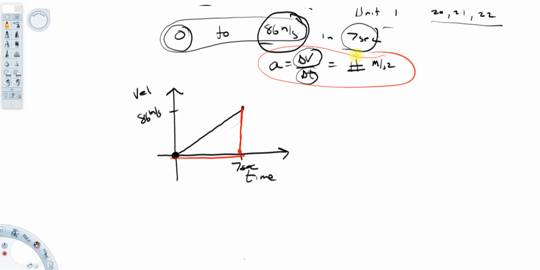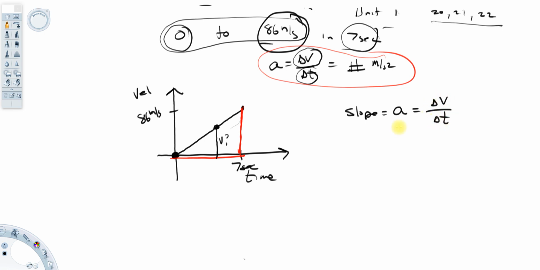For part B, how fast is it going after 4 seconds? So at 4 seconds on the graph, we're like here somewhere, and they're asking for what would this distance be on the graph? And I would just write out, well, the slope, which is the acceleration, is equal to the change in velocity over change in time.